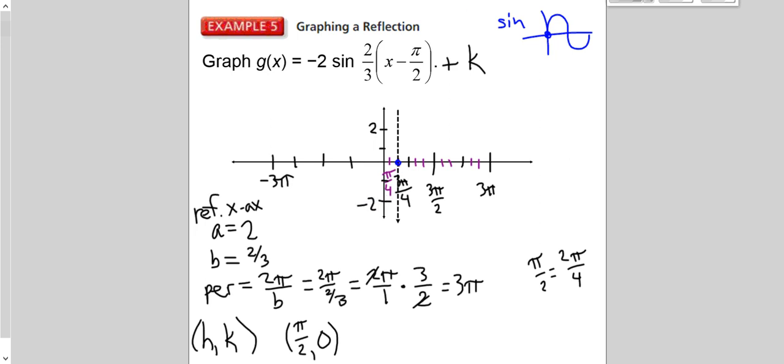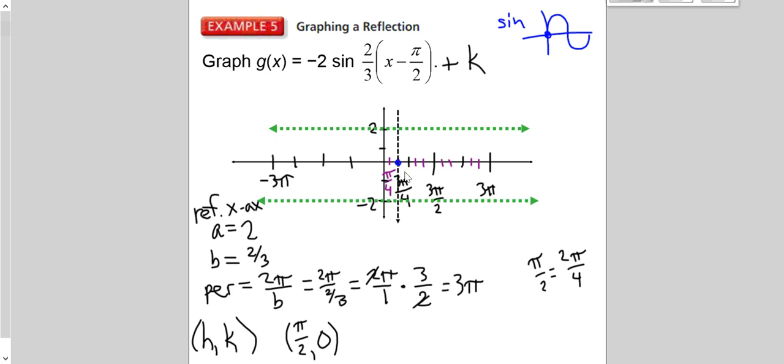Let's put in our other dashed lines. So this is my maximum and minimum lines. My midline is the x-axis.